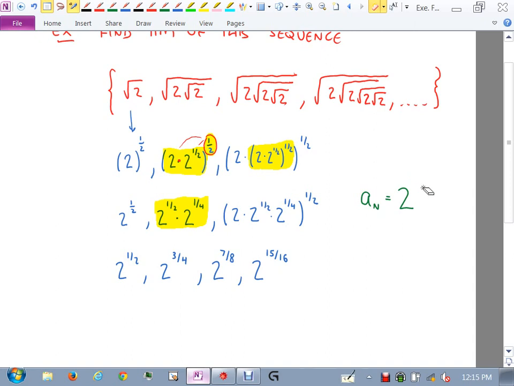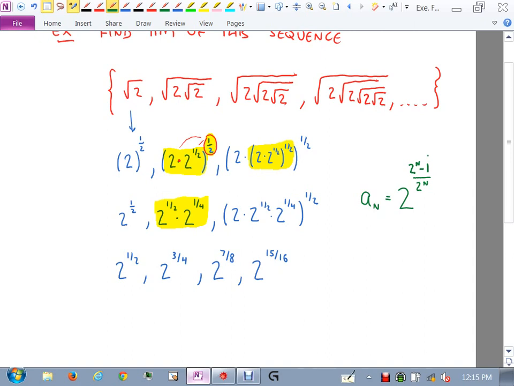I don't like writing my fraction like that. I prefer to write it like this. 2 to the n is on the bottom. Is that all right? That's what this is. And then what about the 1 and then the 3 and then the 7 and the 15? Isn't the 1 just 1 less than the 2 and the 3 just 1 less than the 4 and the 7 just 1 less than the 8? And so isn't it just the 2 to the n that we had on the bottom just take away 1?